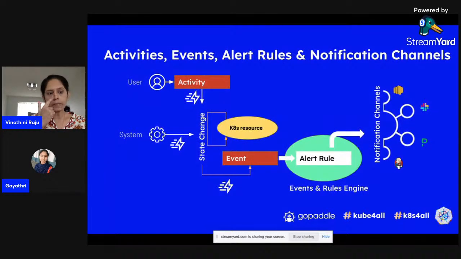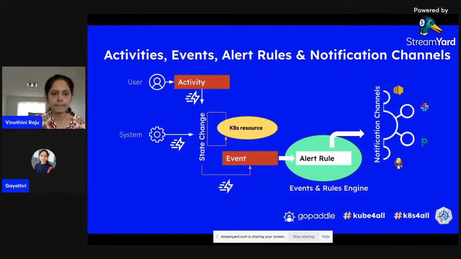So let's take a look at some of these resources offered by gopaddle. You have these activities. Activities are triggered by the user, which in turn act upon the Kubernetes resources. And when something changes within Kubernetes, that state change can trigger an event.